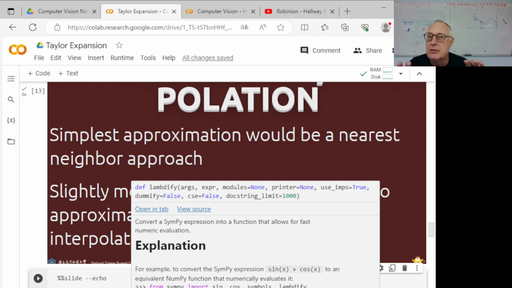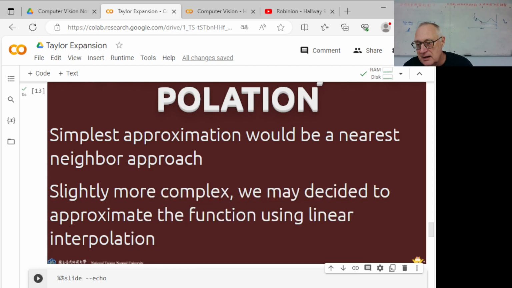So now I have the symbolic expression 10 times x to the power of 4, and I also have def f of x colon return 10 times x to the power of 4. So I get here the Python code that I can run. Here's the symbolic expression.